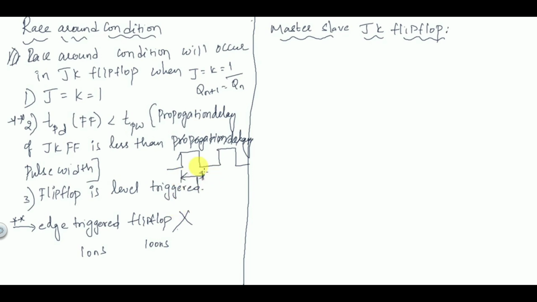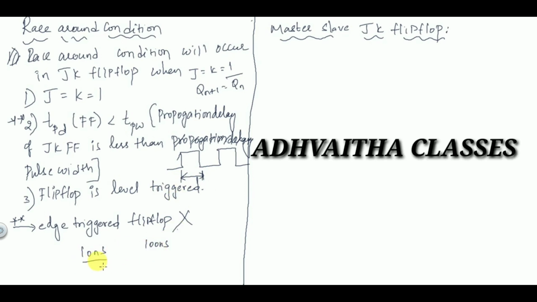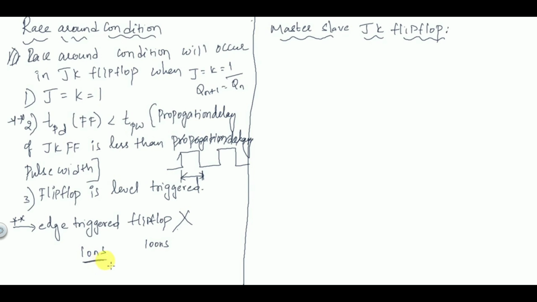If the pulse width is 100 nanoseconds but the propagation delay is only 10 nanoseconds, what will happen after 10 nanoseconds? Suppose initially Qn is equal to 0. After 10 nanoseconds the output Qn plus 1 becomes 1, because Qn plus 1 is equal to Qn bar.